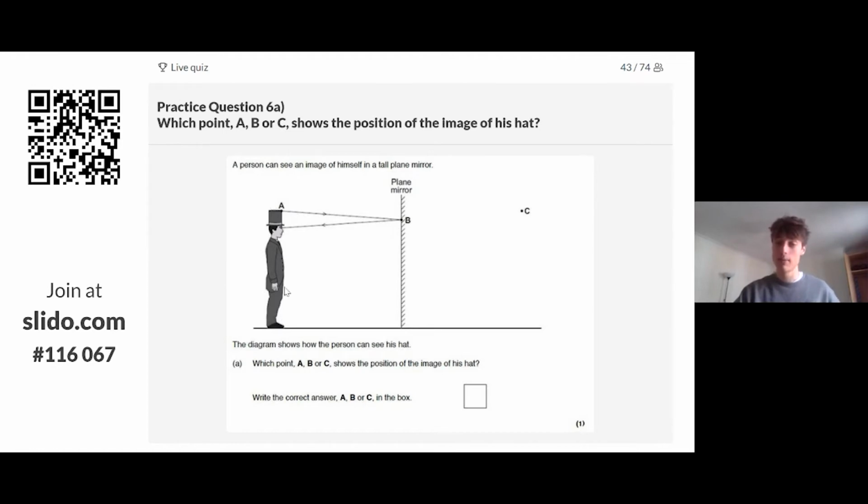Whatever you have here is symmetrical on the other side, so it will seem like it's coming from an equal distance, like a butterfly, for example, that can close on itself. So the image will be at point C. It's where the image of the hat is, because it's where the light ray seems like it's coming from. It's not answer B because it's not on the mirror. It seems like it's coming from behind the mirror.